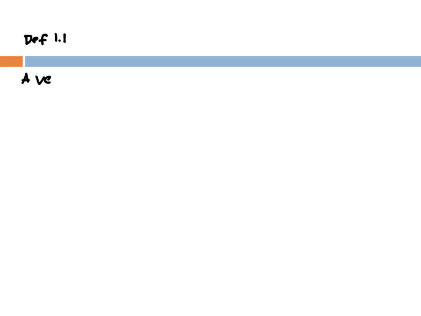A vector field in R2 is a function, capital F. It's a vector function, okay?